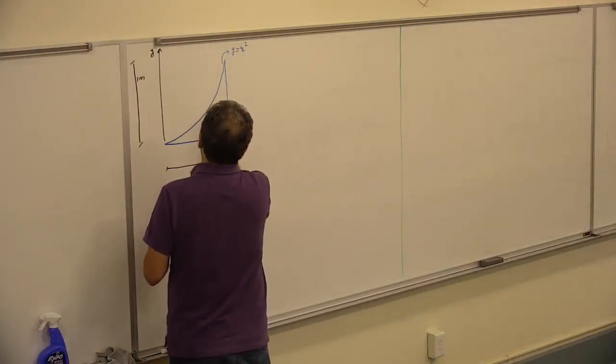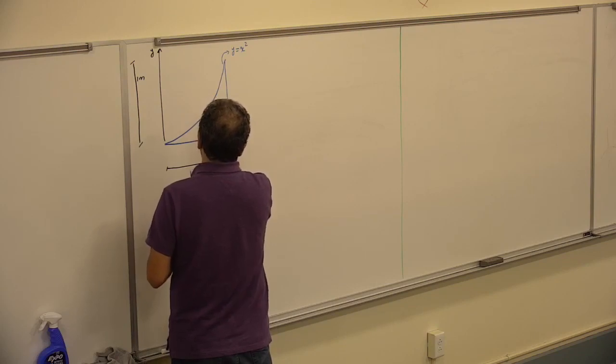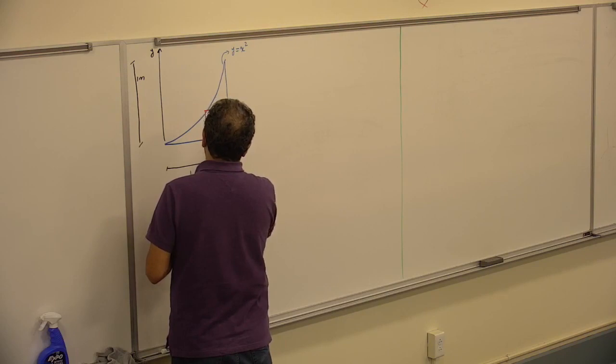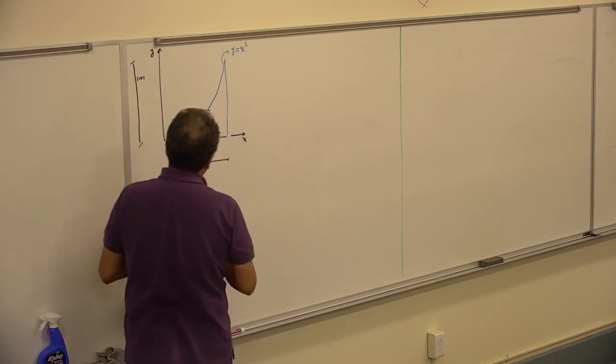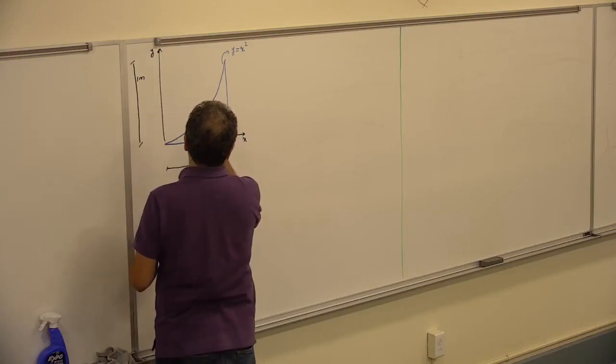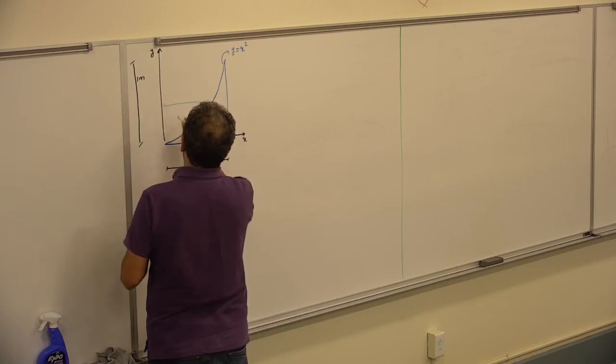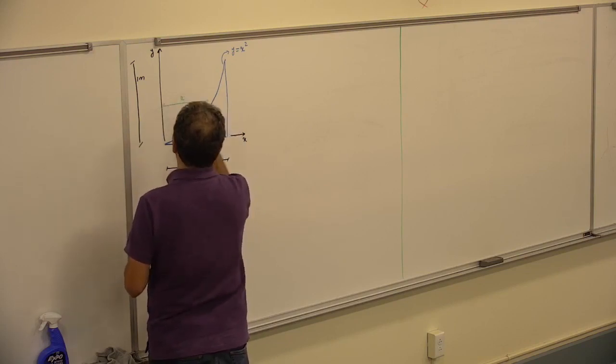So the first step, let's have it like this. That's going to be the dx. Then I have to find the centroid for that element. Remember that this distance is x.